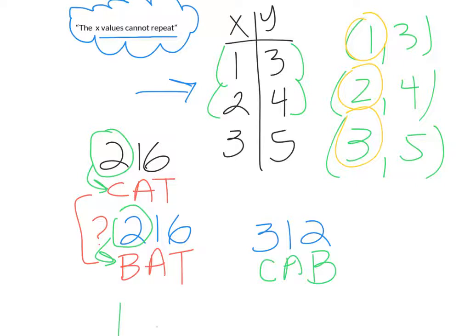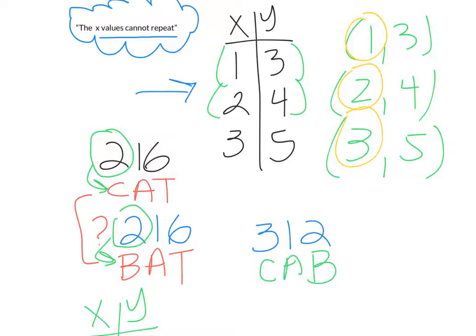So if you had a table, this would be 2 is C, 2 is B, 1 is A, and 6 is T. So if you think about these as ordered pairs, these two 2's and the X's, they have different outcomes, and so you will not have a function in this case. So the X values, this will be not a function.